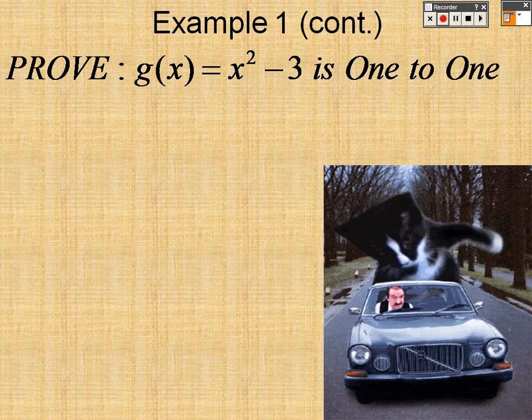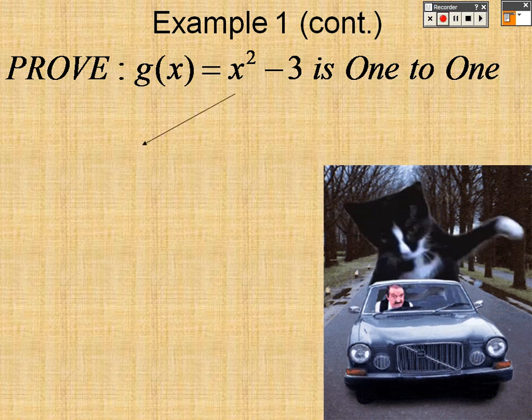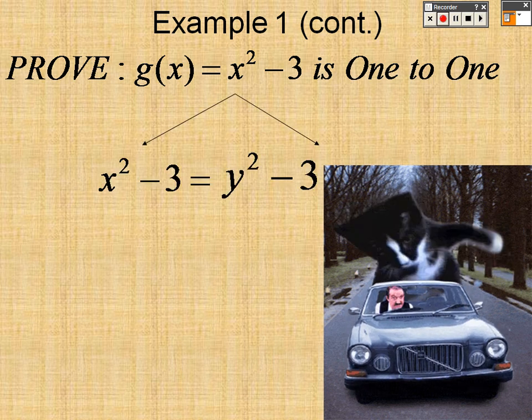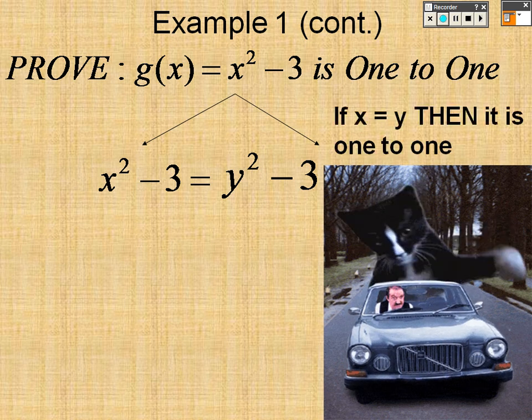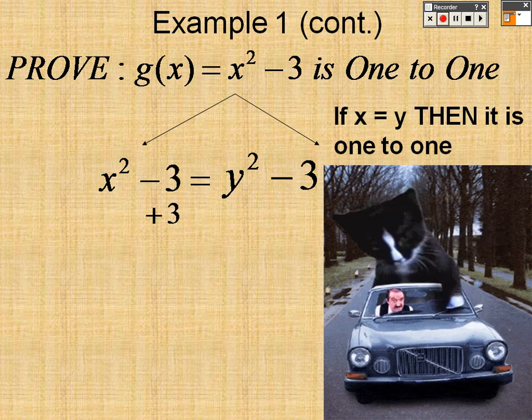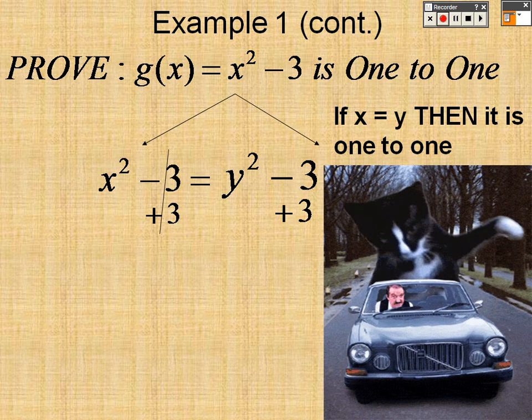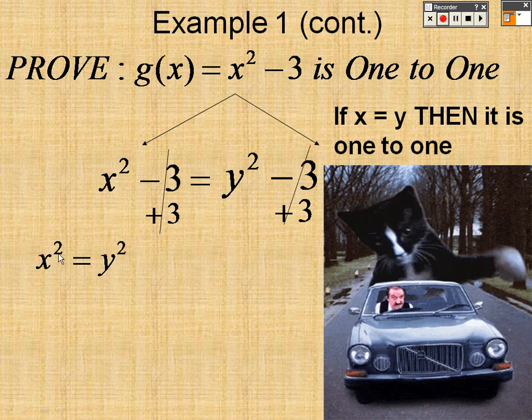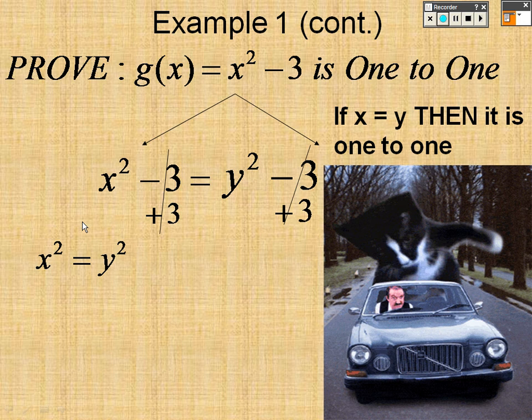However, here, x squared minus 3. To figure out if it's one-to-one, I do x squared minus 3 equals y squared minus 3. I first try to get the x or the y by itself, so I add 3 to both sides, and they cancel, giving me x squared equals y squared. To get rid of the squares, I need to take the square root.